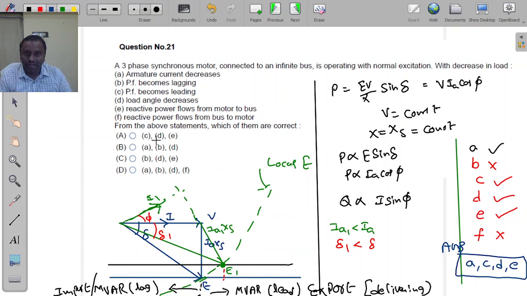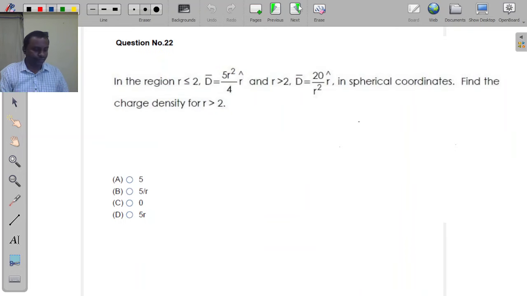A is also correct, but they have not given A. So strictly speaking, they have to give A also. They have not framed the answers properly. So you can raise an objection against this if they are not giving the marks. So the actual answer is A, C, D, E. So moving on to the next question.